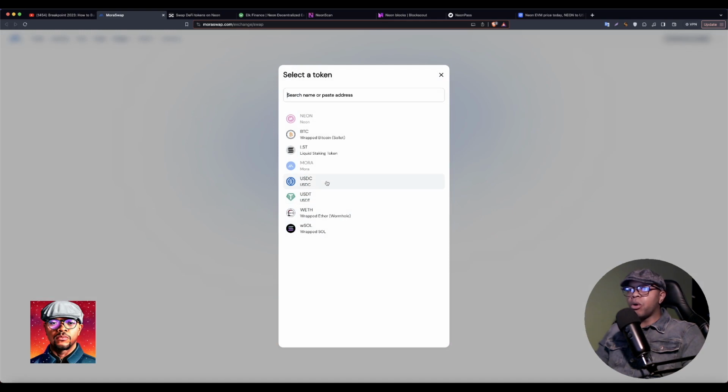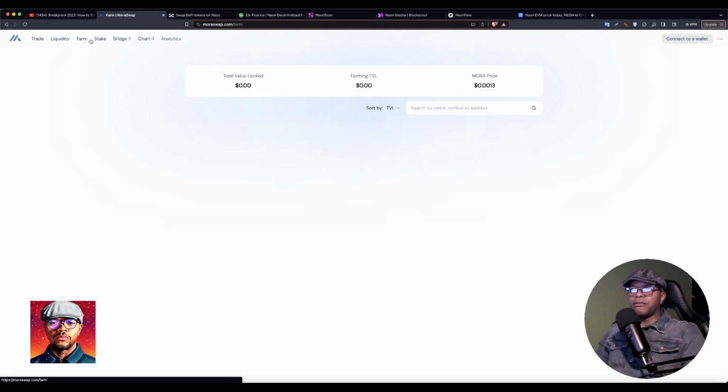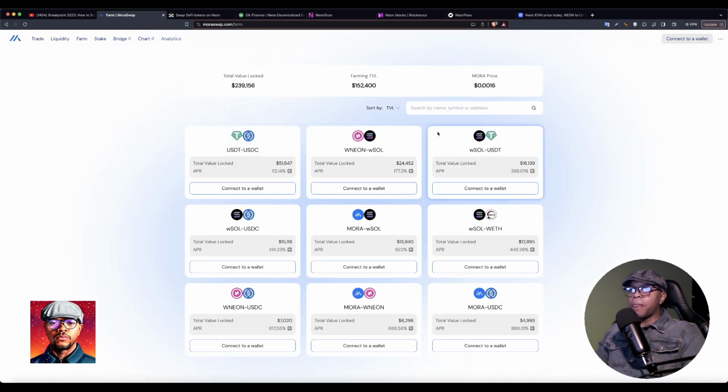Now Mora, I'm not familiar with that particular token. I don't know if that token is tradable right now, but you've got liquidity. You can farm. Okay, Mora price is at 0.0016. I might need to check on some Mora. You know how those ecosystem tokens go.